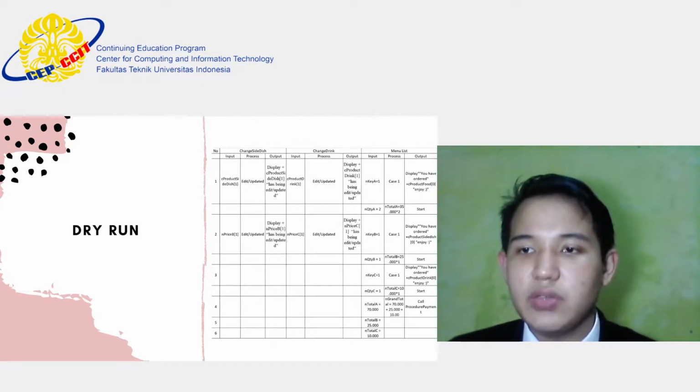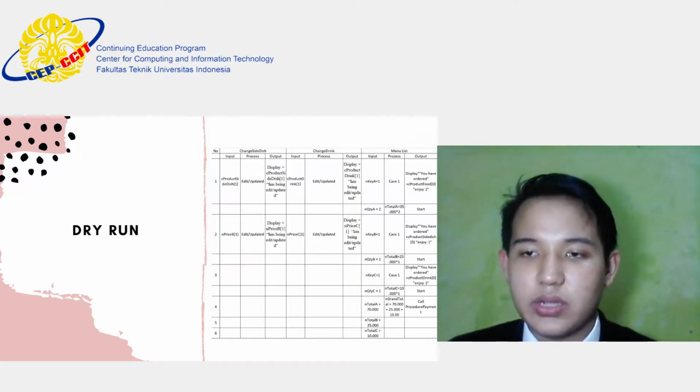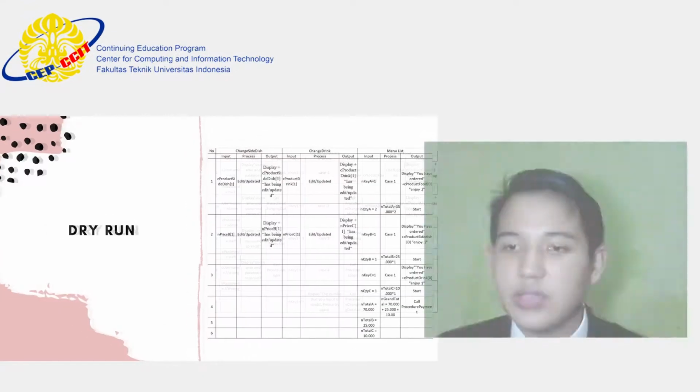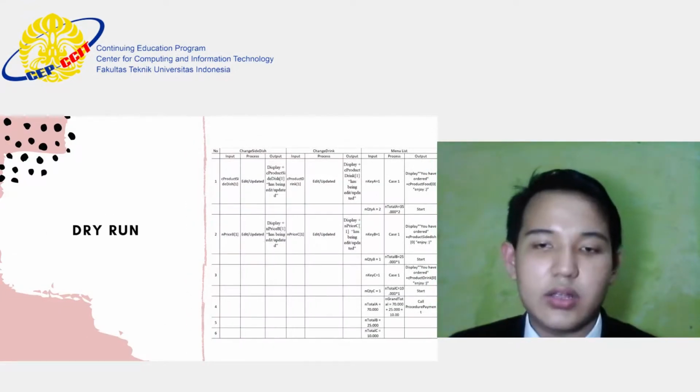The output will display you have ordered plus C product side dish 0 bracket 0 or array 0 enjoy, and will continue to nkitty b is 1, and the process will n total b is 25,000 times 1. The output will start and continue to another case.